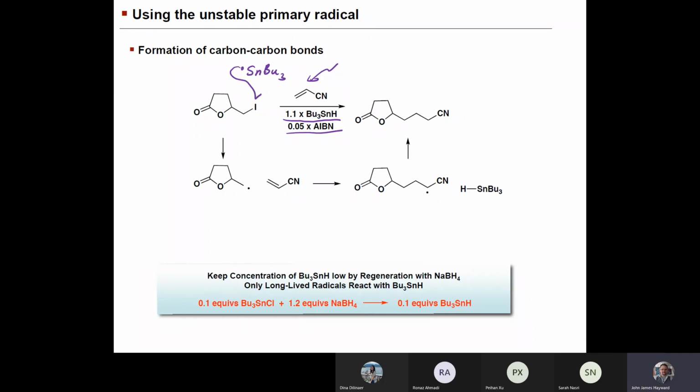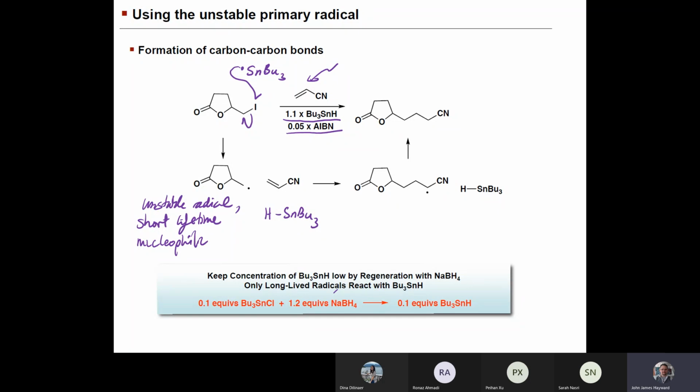And like we said, the tin and the iodine are a lot happier together than the iodine and the carbon. This generates a radical that is unstable, like we said. Short lifetime and somewhat nucleophilic. Now, this radical has the choice of reacting with the acrylate, like I showed you, or it can react with tributyl tin hydride.